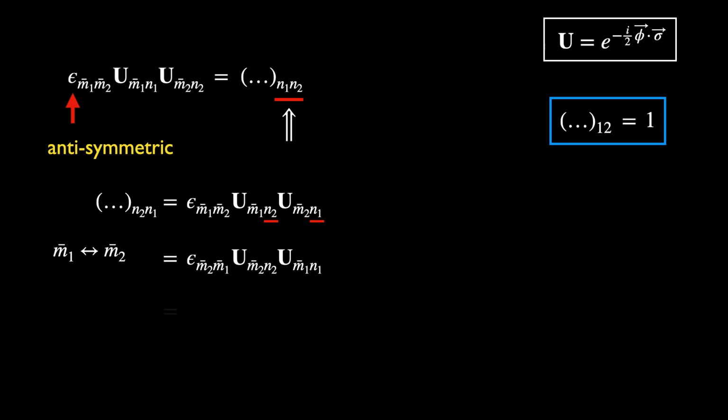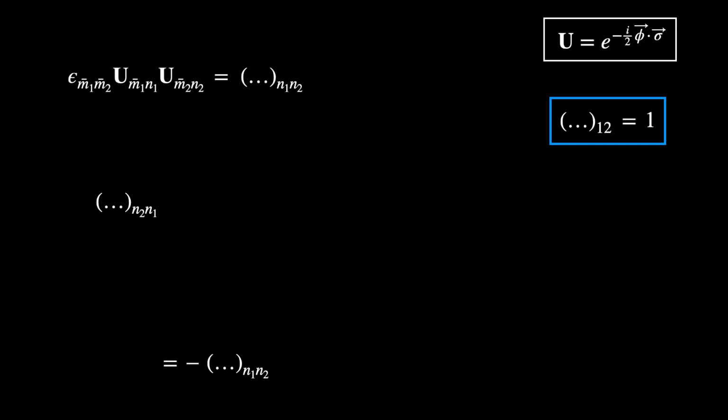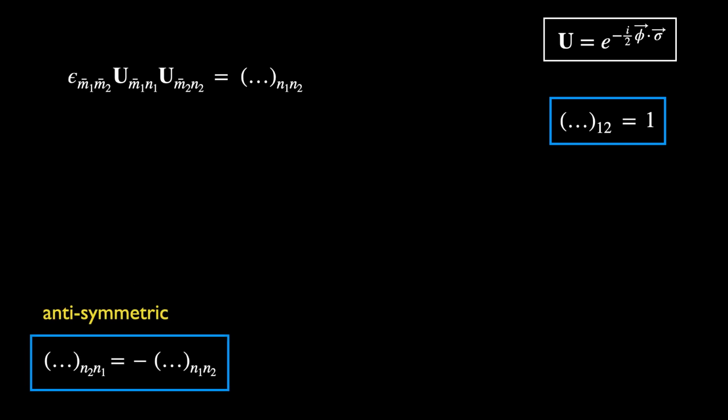Let's see it again. Since our matrix is anti-symmetric and has an off-diagonal element equal to 1, this is exactly the description for the epsilon symbol itself.